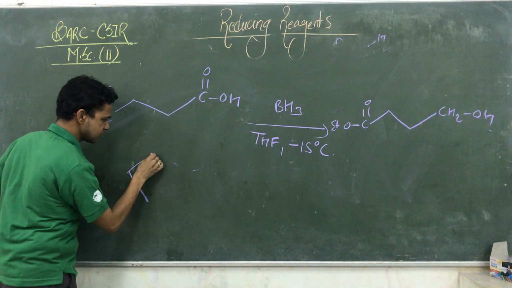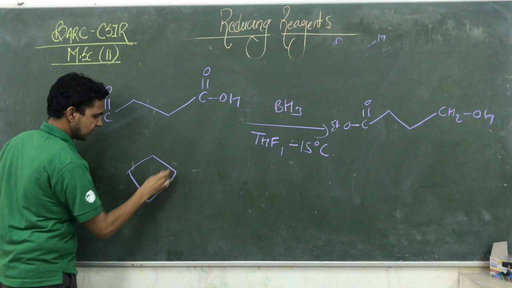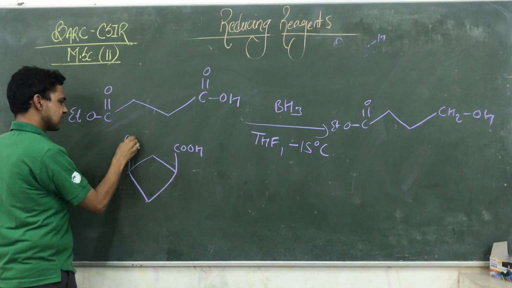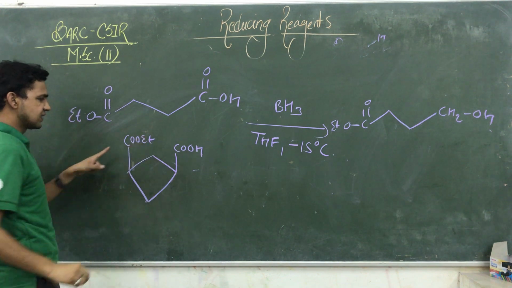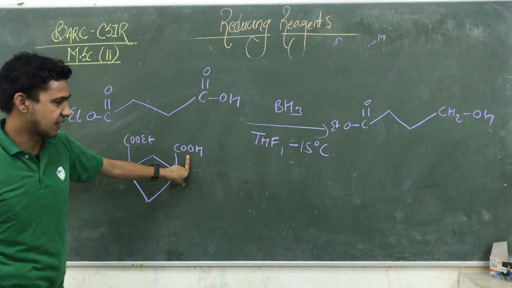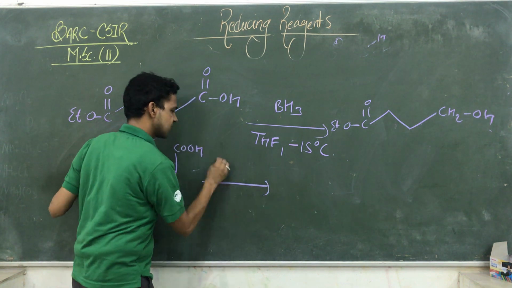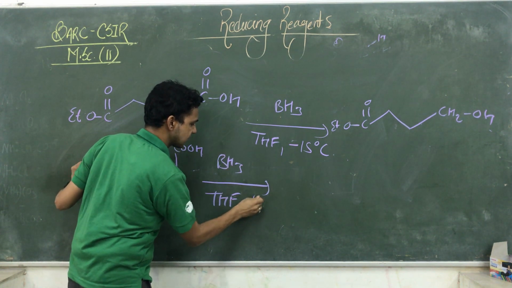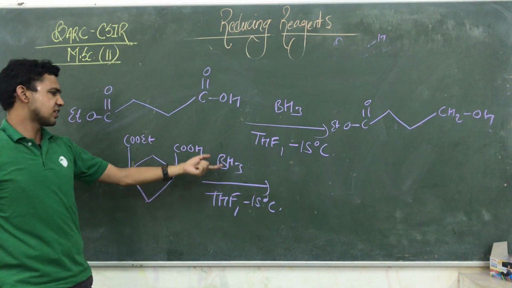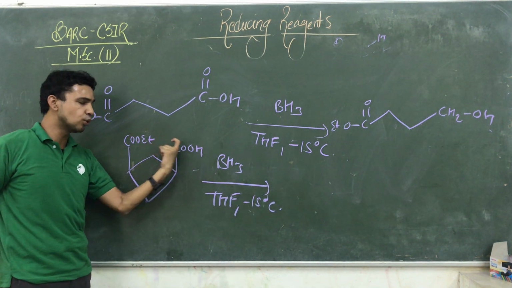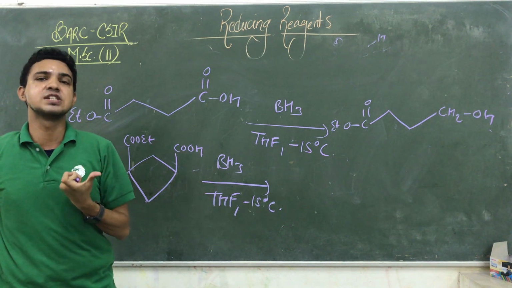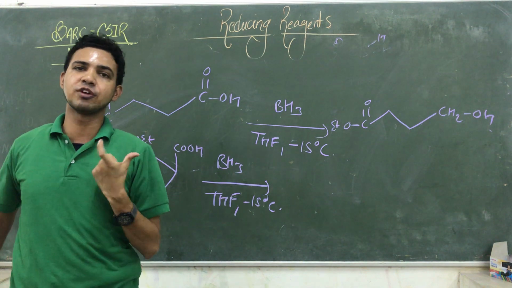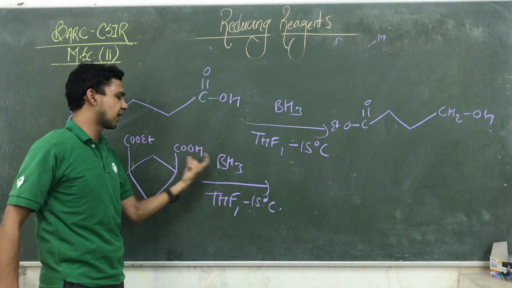Another example: suppose we are talking about a cyclic compound having 2 functional groups, where this one is an ester and that one is an acidic group. If you take BH3 in the same conditions, tetrahydrofuran and minus 15 degrees Celsius, BH3 only affects this acidic group. It is chemoselectivity: a particular functional group is selected and reduced by BH3.